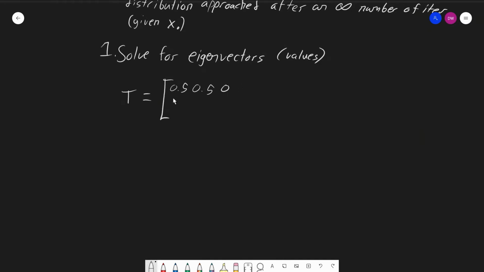Then we have 0, 1, 0, and then 0.2, 0.3, and 0.5. That's a valid transition matrix.